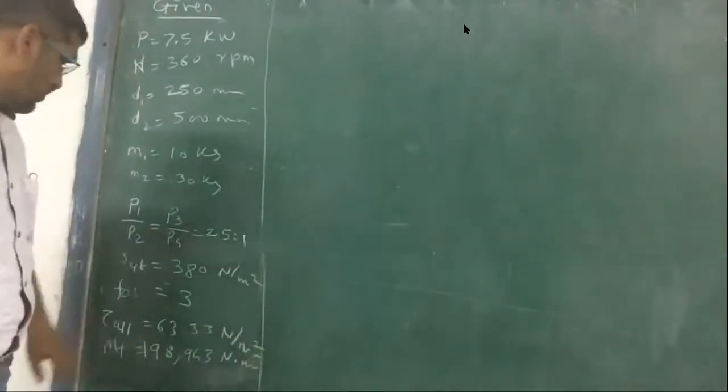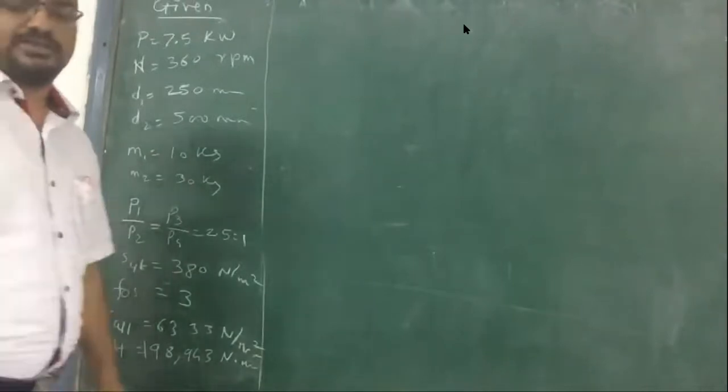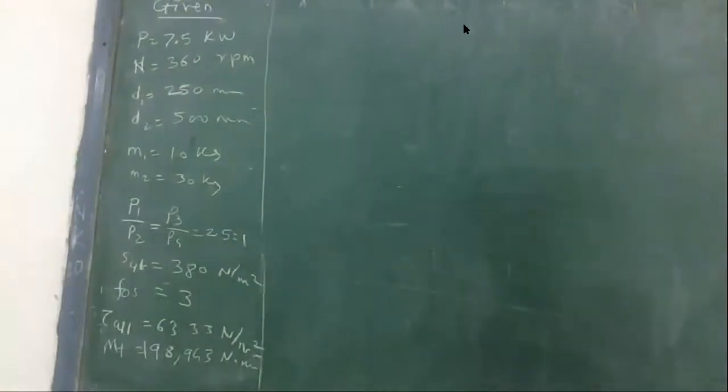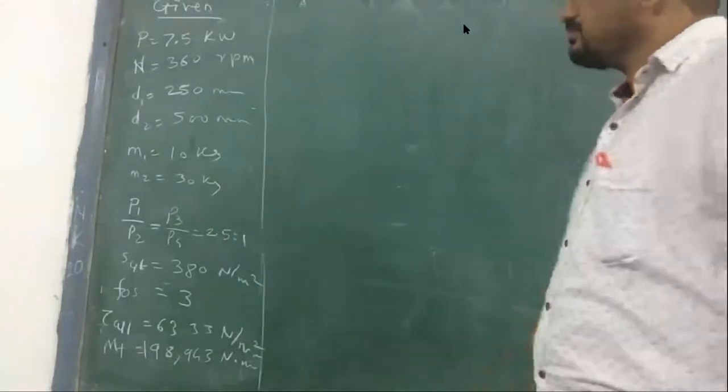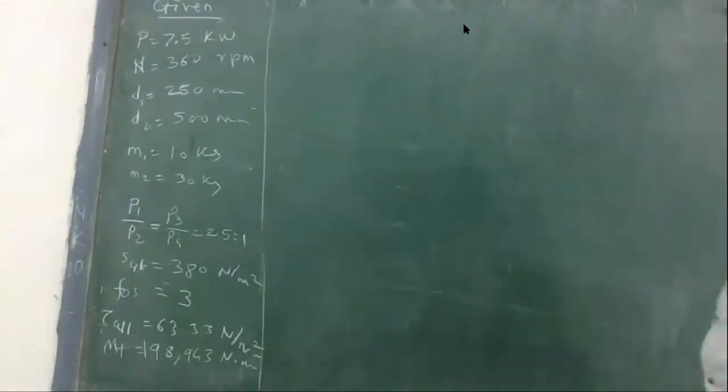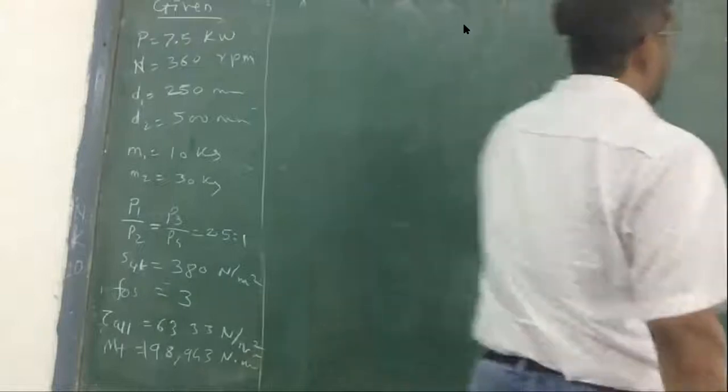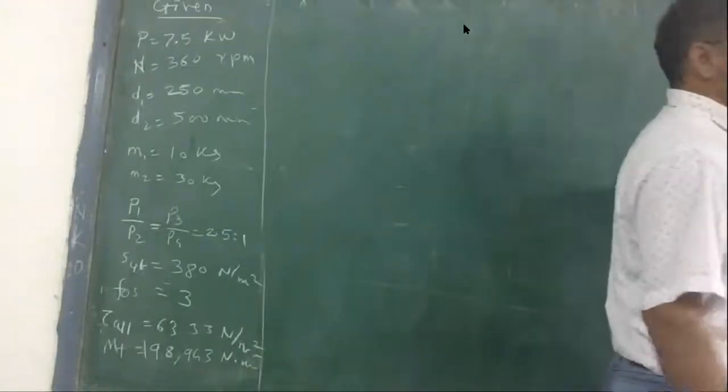We now know Mt and we now know the allowable shear stress, right? So we can use the equation now. We have to find out the bending moment. How will we find it? To find the bending moment, we have to find the bending moment here and here. Right.